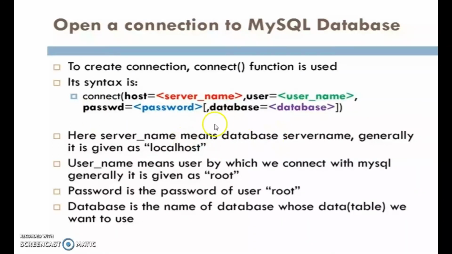Okay, so here you have to give your host name, then your username, then the password and the database. Most probably we will give the host name as localhost, username as root, and also password as root. Then database is the name of the database whose data we want to use.